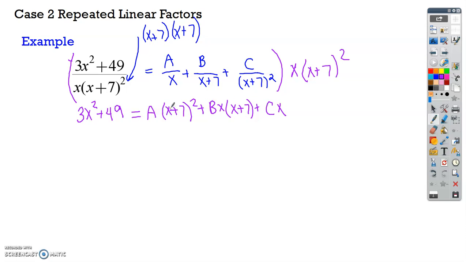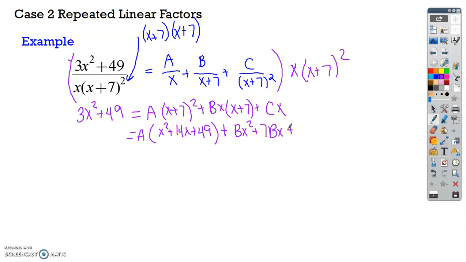So now a lot of this is going to be in the algebra. I personally adore algebra, so I hope that's okay with you. Here is my a, then I'm squaring that out. x squared plus 14x plus 49. Remember that you can't distribute a squared there. You have to actually FOIL. Then we distribute here, bx squared plus 7bx.